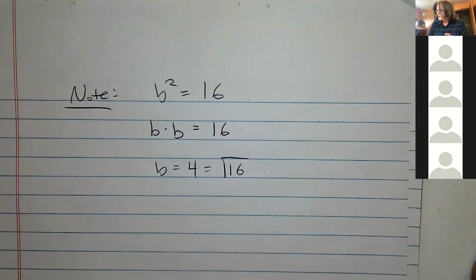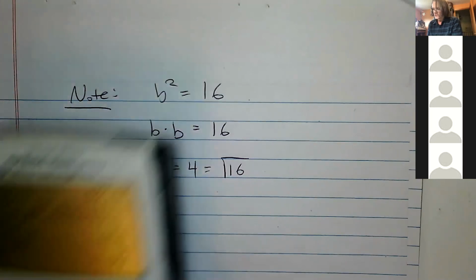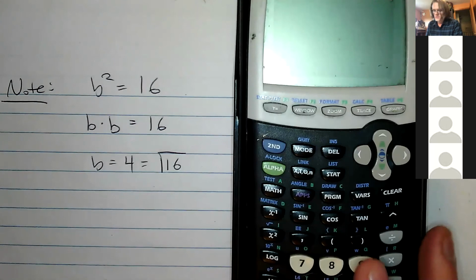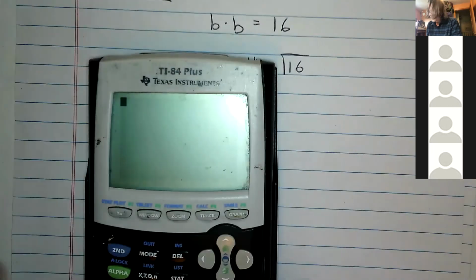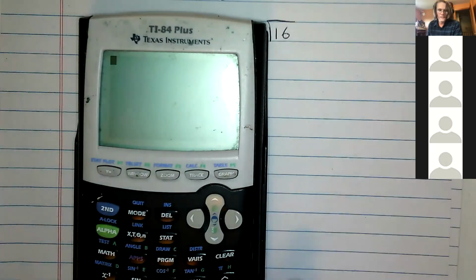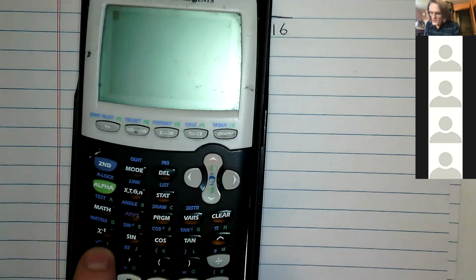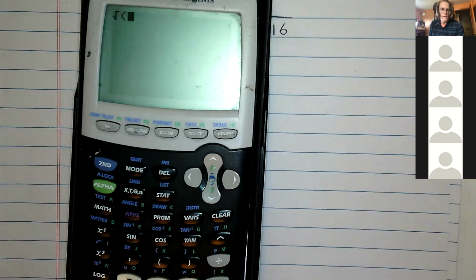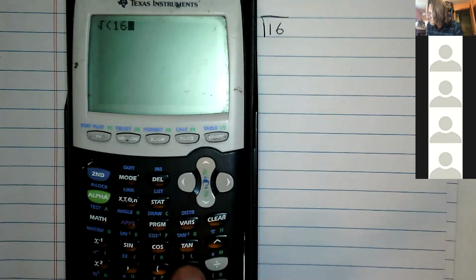On your calculator, if you're unfamiliar with square roots, hopefully you remember it a little bit. On this kind of calculator, it's right above the x squared, a little blue. So you do second, x squared, and then you put in 16. You get 4.